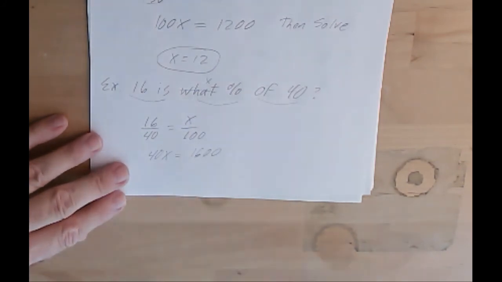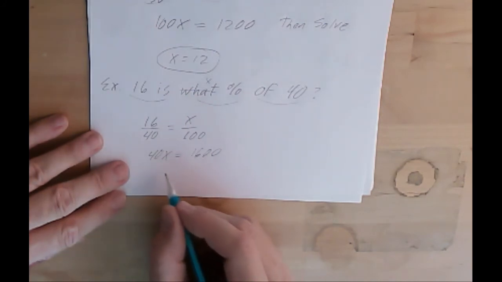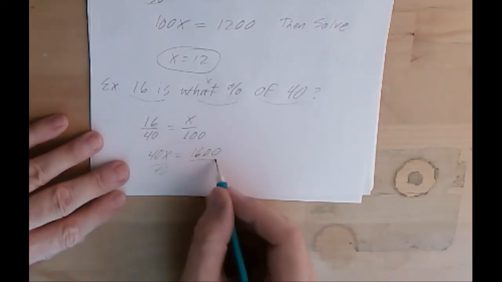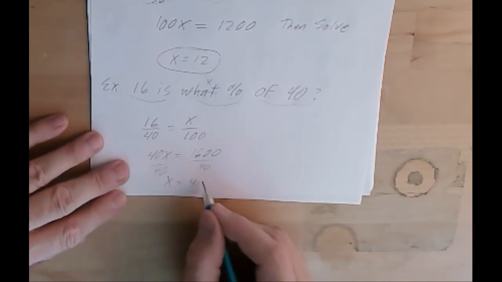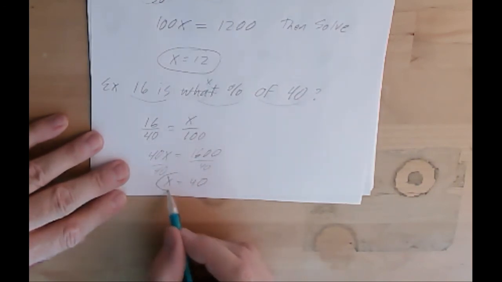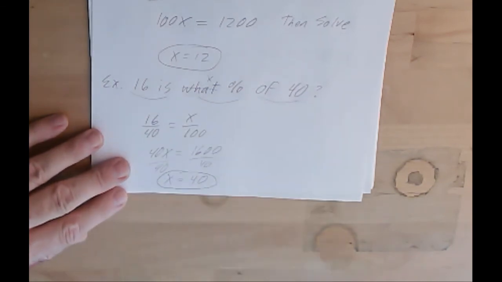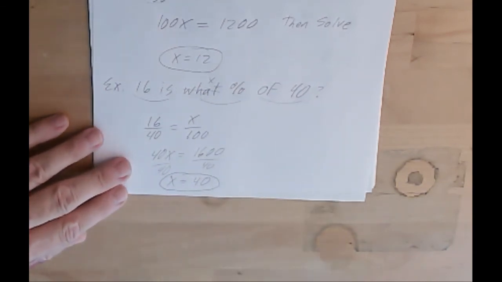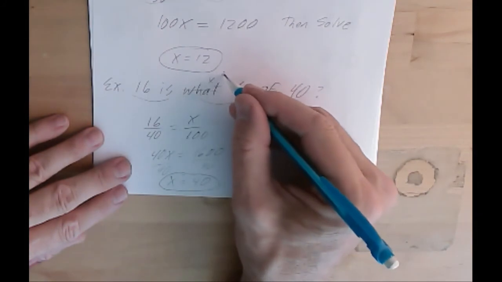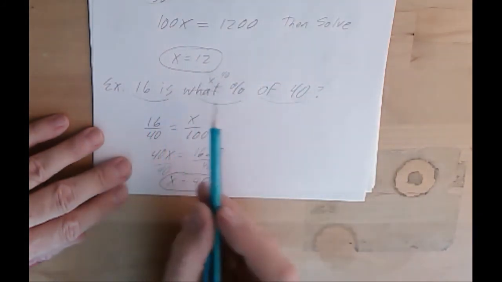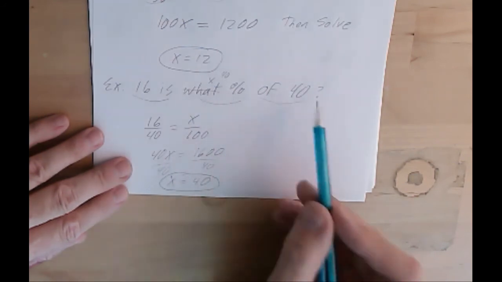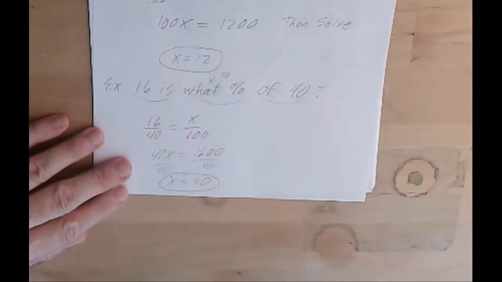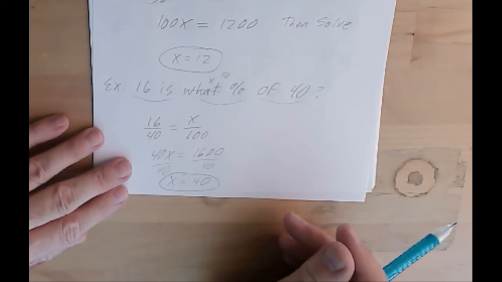I'm kind of fussy. So divide by 40. And there we go. X equals 40. 40 times 40 is 1600. So 16 is 40%. 40% is a little bit less than half, and a little bit less than half of 40 is 16. Yeah, that makes sense. Okay?